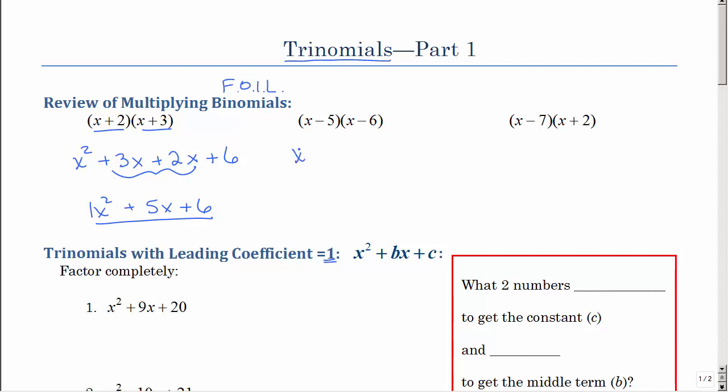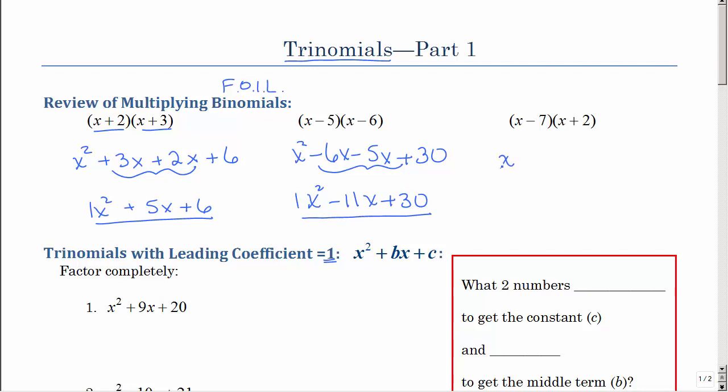What happens here? X squared minus 6x minus 5x plus 30, and again those middle terms, gives us a trinomial with a leading coefficient of 1.